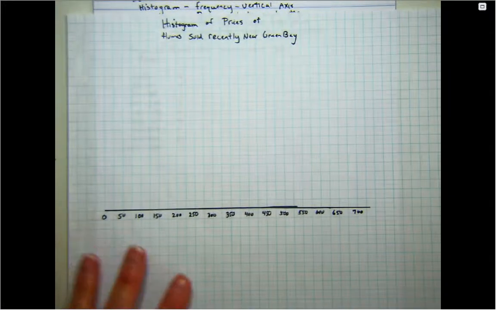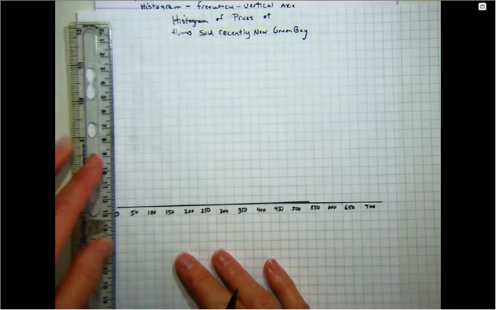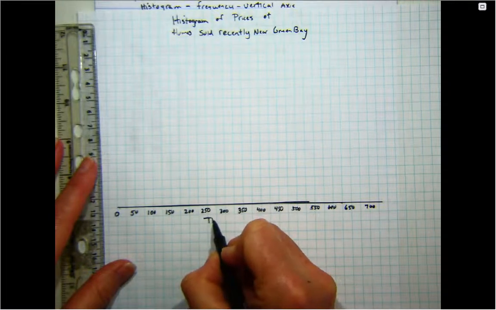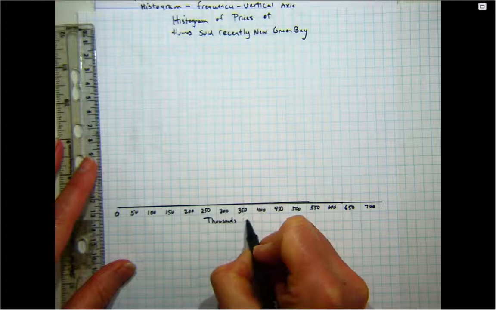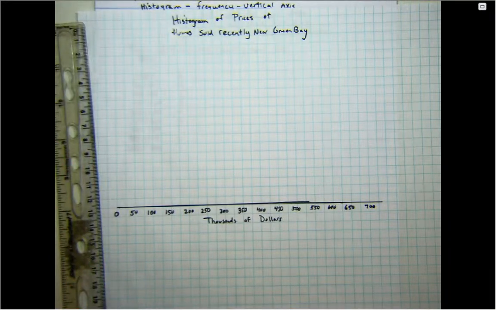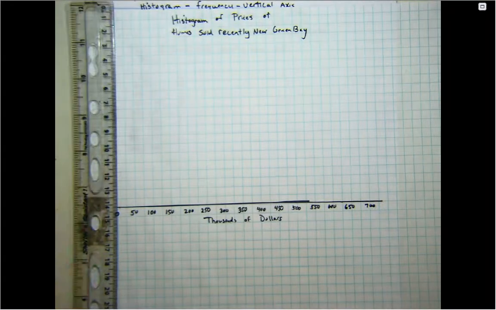So make your horizontal line as long as you need to fit your scale consistently with no breaks, and label it. This is thousands of dollars. Anybody remember what I said the vertical axis is always labeled?